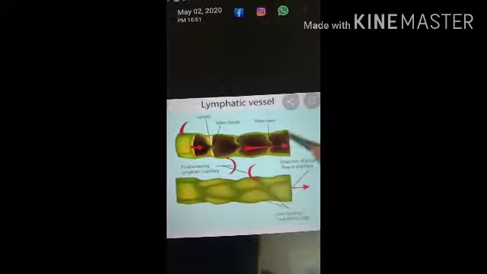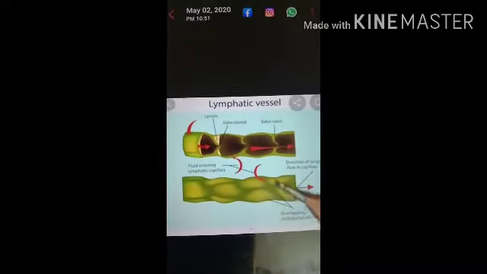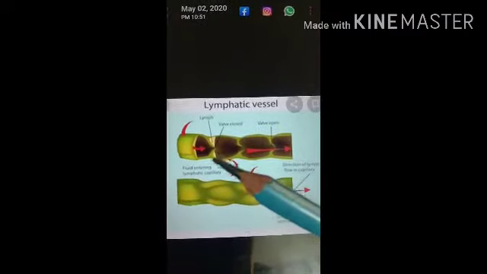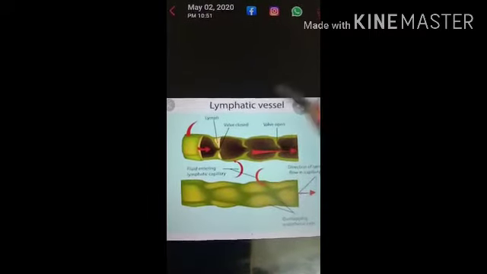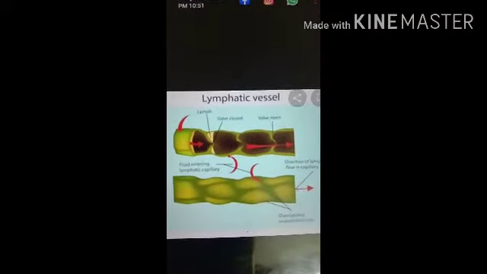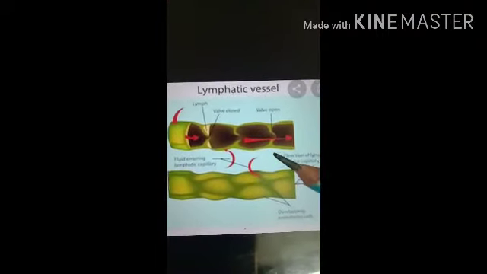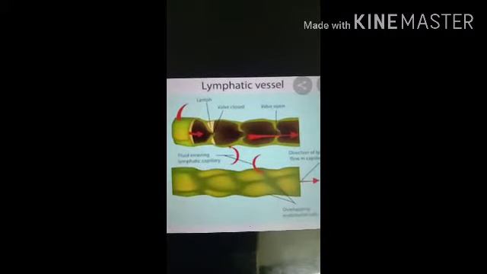The tiny capillaries join to form the larger lymph vessels, and all body tissues have a network of lymphatic vessels except the CNS, bones, and most of the superficial layer of the skin. In these regions the lymphatic vessels are absent, while in all other parts of the body lymph vessels are present.